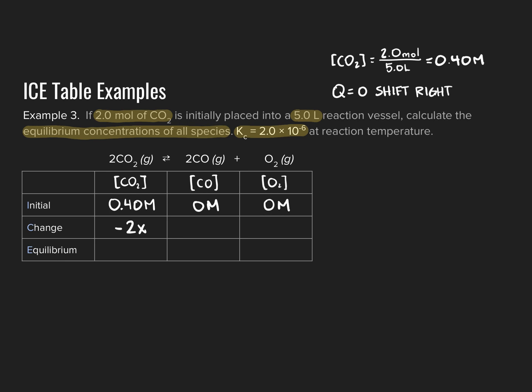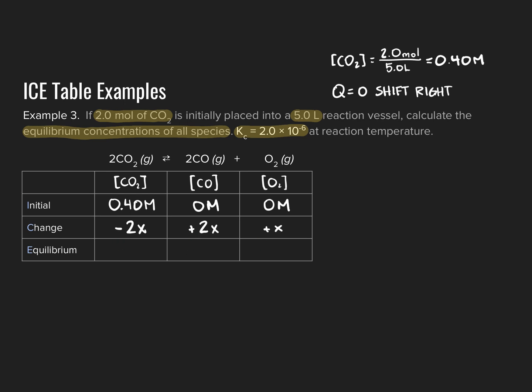So if CO2 is going down in concentration by 2x moles per liter, the species carbon monoxide on the product side must correspondingly go up by the same proportional amount, plus 2x moles per liter, and then the oxygen would be increasing in concentration by plus x moles per liter, since 2 CO2 decomposed to make only one oxygen molecule in this system. So we've now defined our changes in concentration, recognizing again that the coefficients from the balanced equation inform the changes for each species.